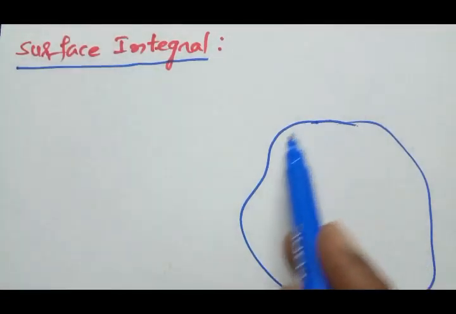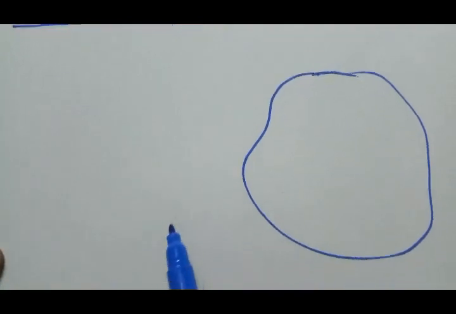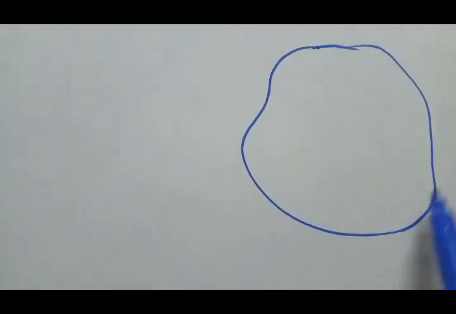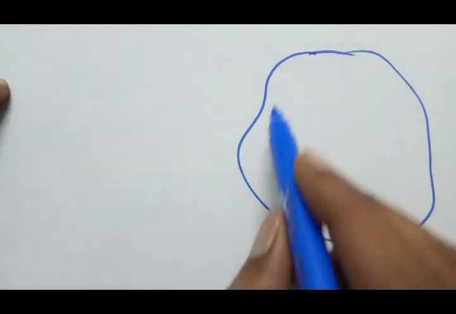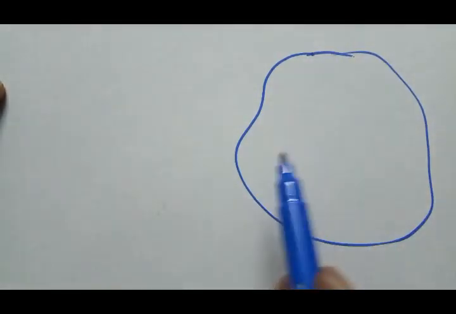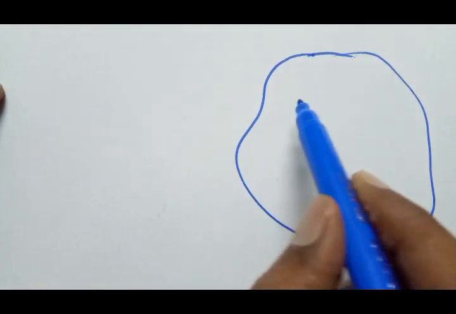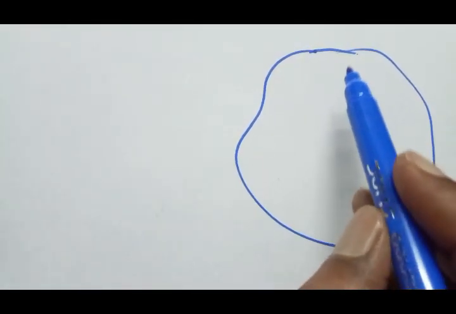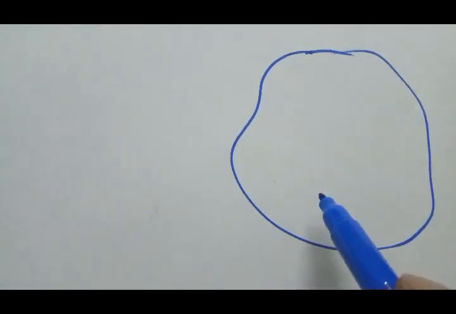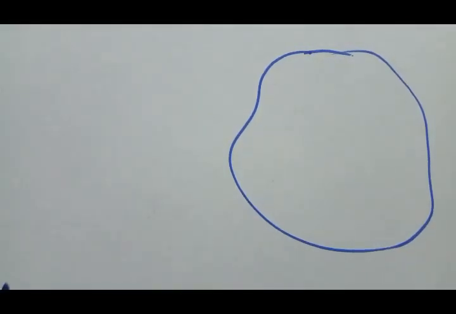Now here S is the region of the surface of a finite area, and F bar is defined on this surface at all points.